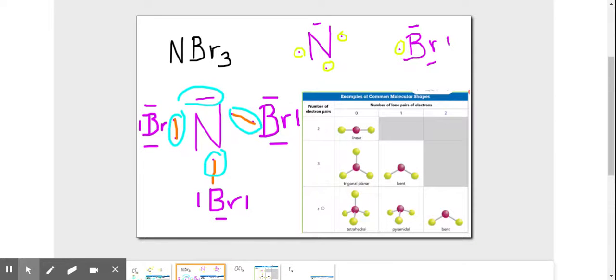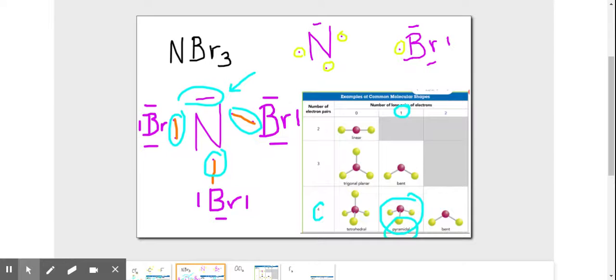Once again, I have 4 electron pairs. In this case, though, this line that's just on the nitrogen, not between the bromine and the nitrogen, represents a lone pair of electrons. So we have 4 pairs, and one of them is a lone pair.